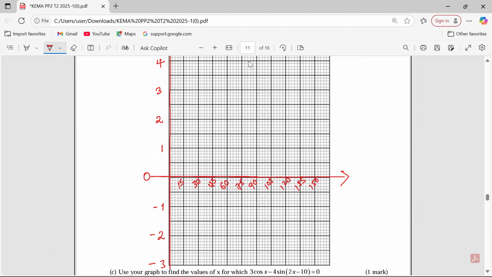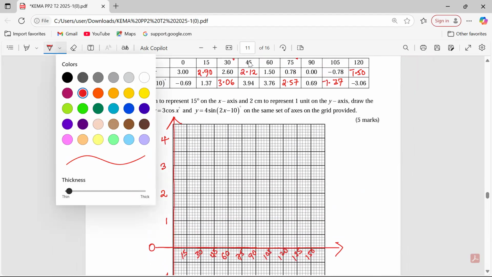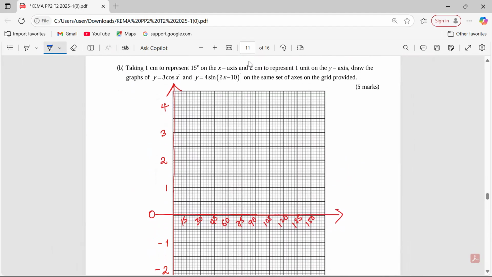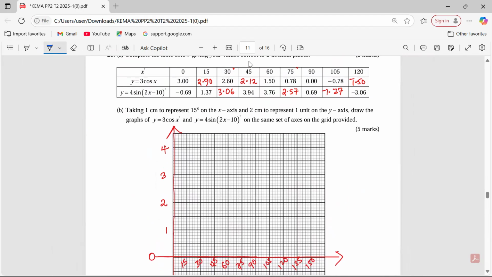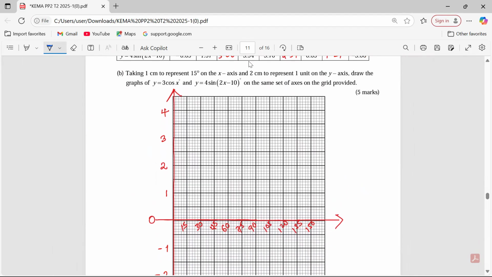And now the next thing is to plot the two functions on the same axis. So for the first one, the coordinates are 0, 3. So 0, 3 means at this point.